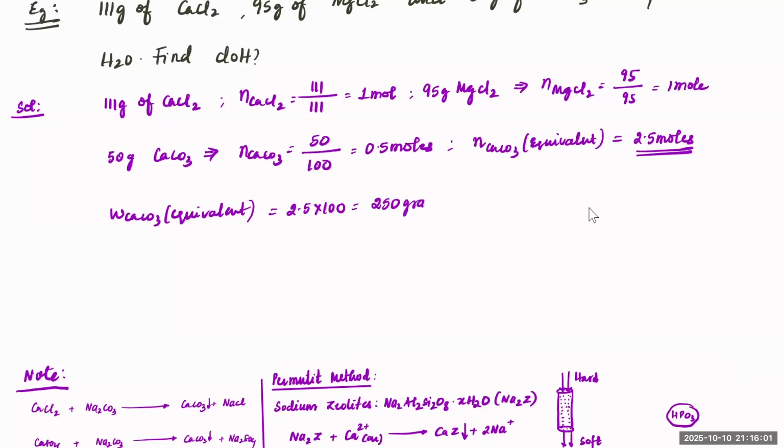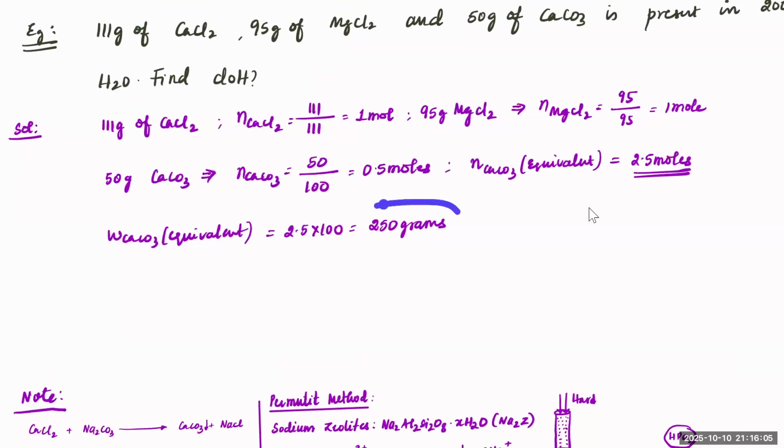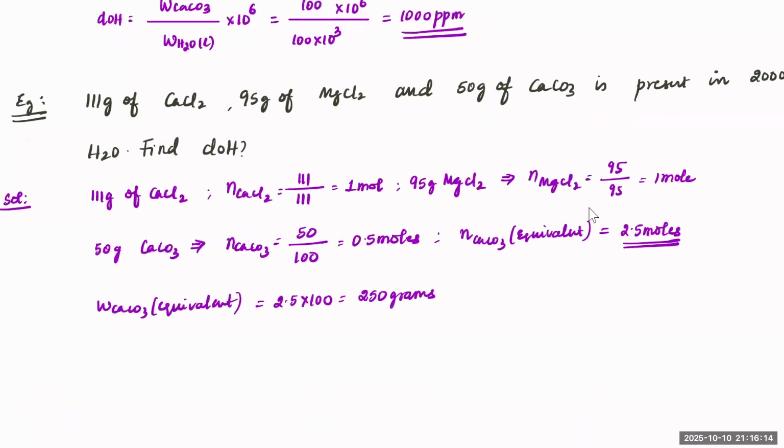So 250 grams of calcium carbonate, understand it like this: the hardness caused by 250 grams of calcium carbonate would be the same as that caused by 111 grams of calcium chloride plus 95 grams of magnesium chloride plus 50 grams of calcium carbonate. Clear, beta?